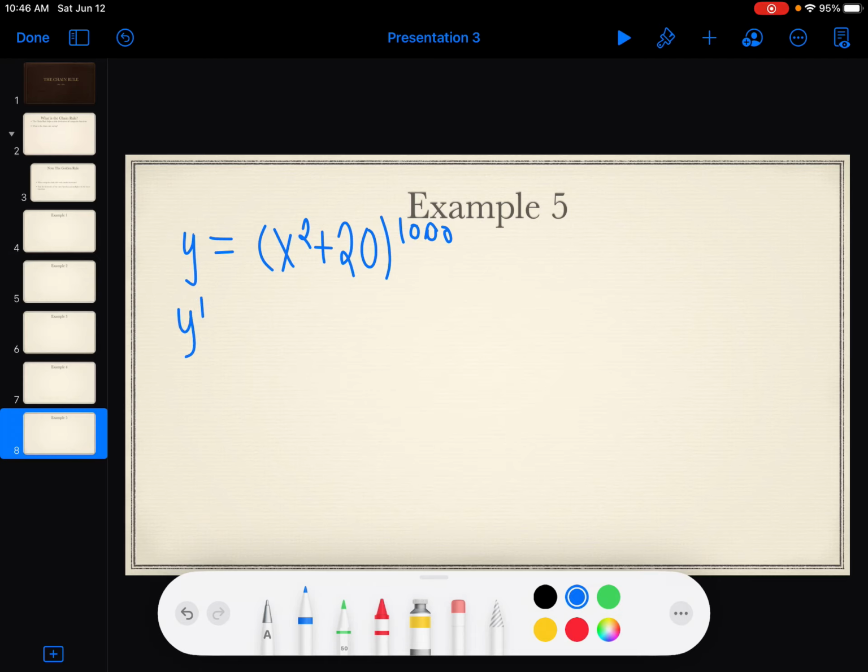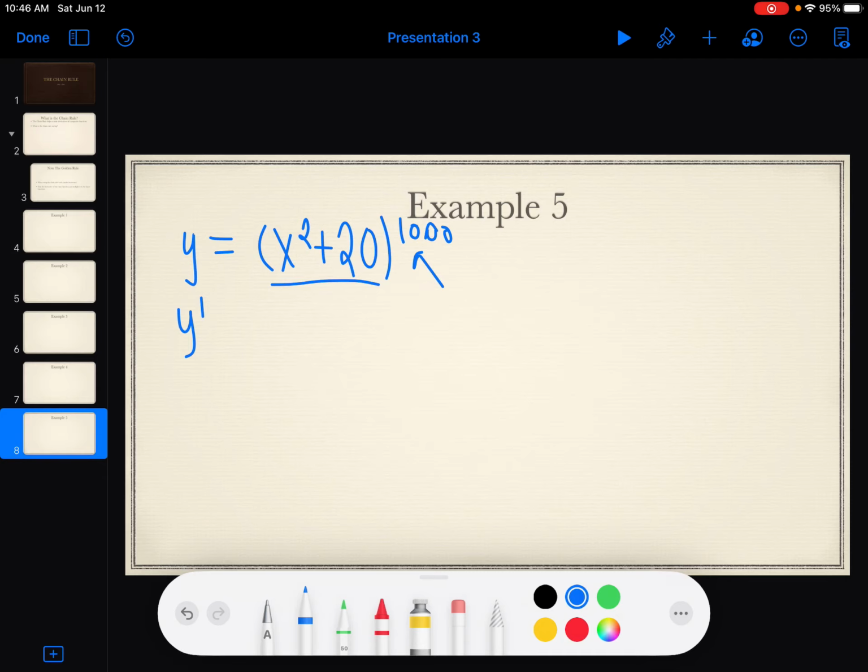This is why the chain rule is so useful. So what's our outer function? Our outer function is this exponent on something: something to the power of 1,000. And what is the something? The something is x squared plus 20.